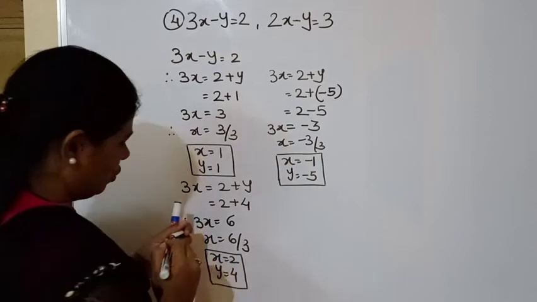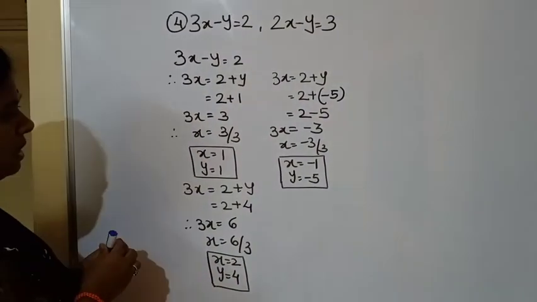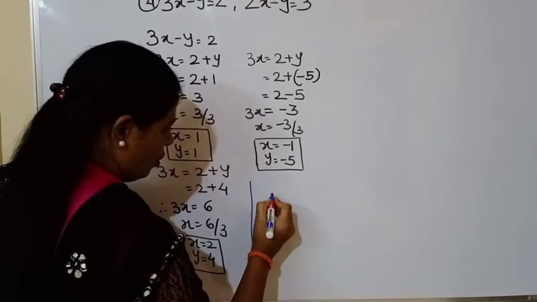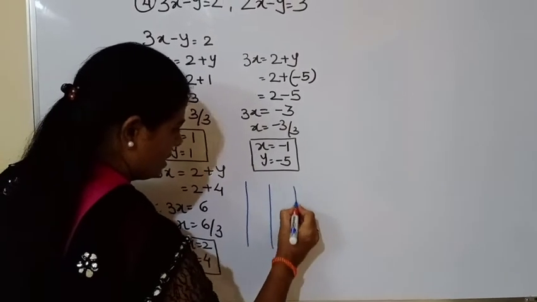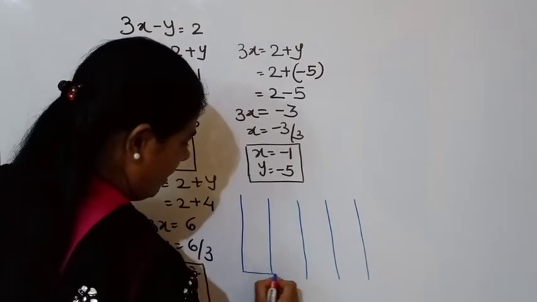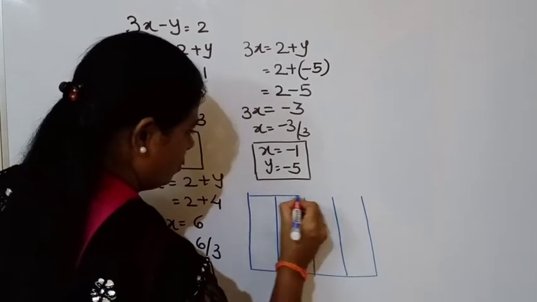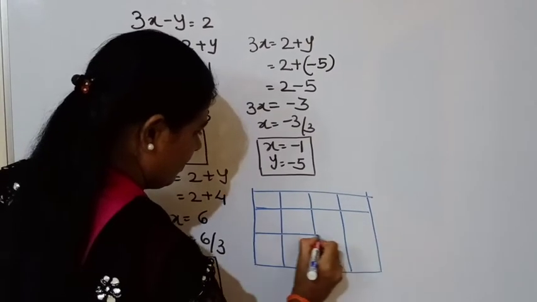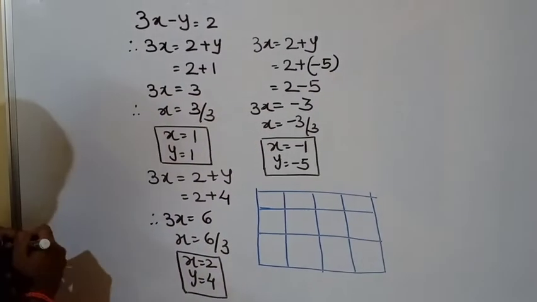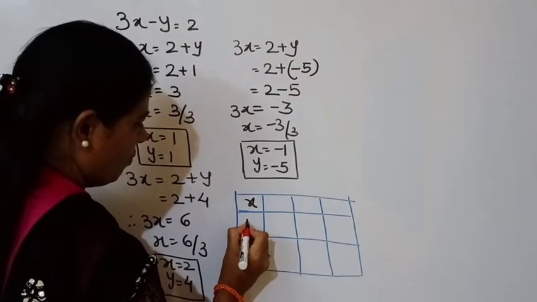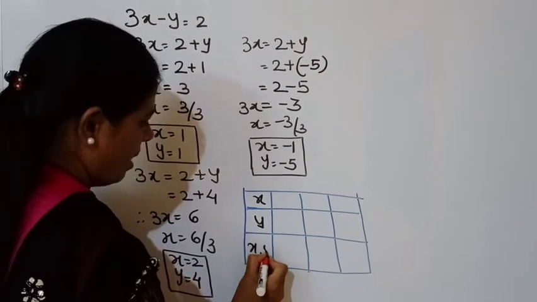Okay. Now we will draw the table of this equation, that is 3x minus y equal to 2. Draw 4 columns, as I told you yesterday, and place the values in the table. So we will now place the values: x, y, x comma y.